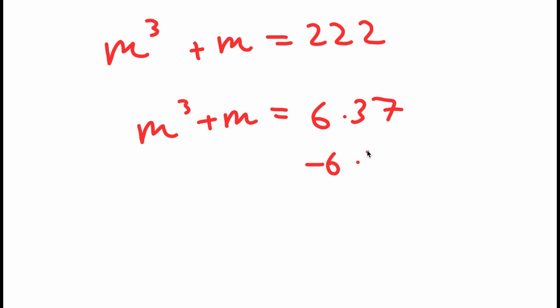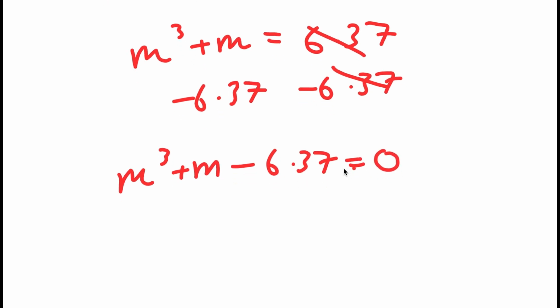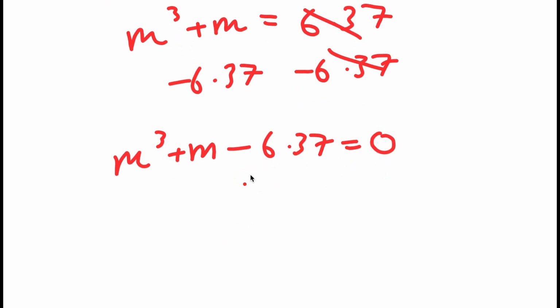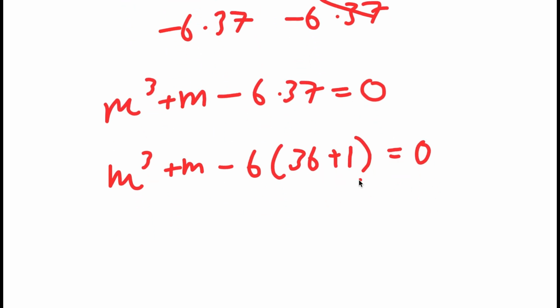Now, if I subtract 6 times 37 on both sides, I get m to the power of 3 plus m minus 6 times 37 is equal to 0. And from here, I get m to the power of 3 plus m minus 6 times 36 plus 1 is equal to 0. And now 36 is the same thing as 6 squared.